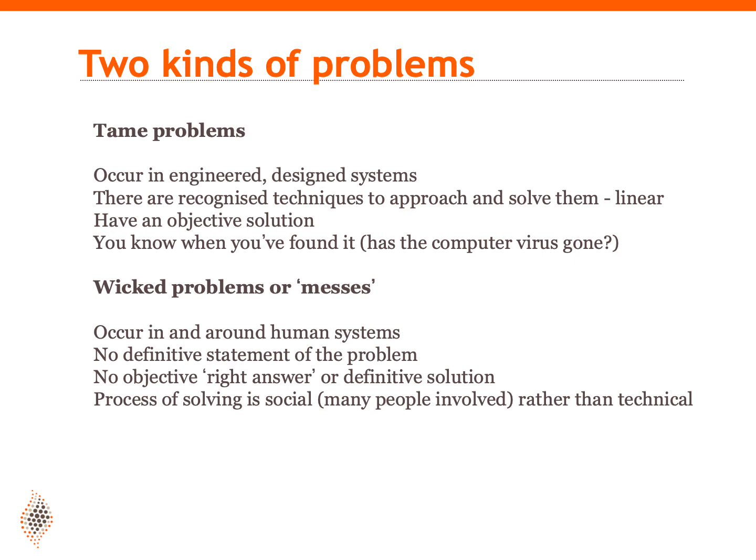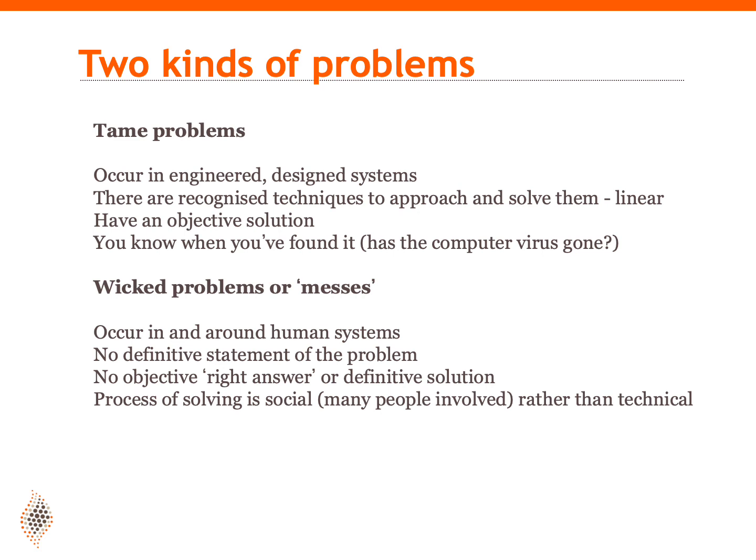And tame problems are, in a way, what we call bounded problems. They're within your realm of control. They occur in engineered and designed systems typically. There are recognized techniques to approach the problem, which is a linear approach, which means you follow a sequence of steps and you get to an outcome. You have an objective solution, and you know when you've got to solving the problem.